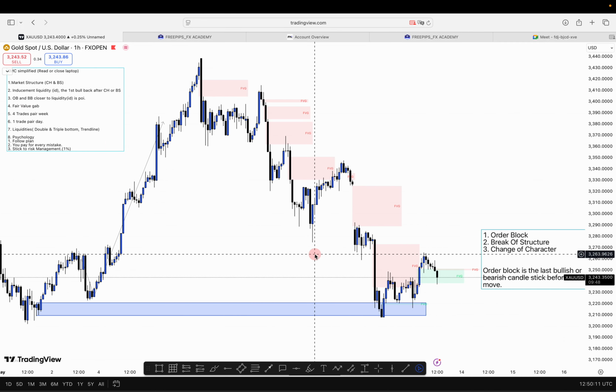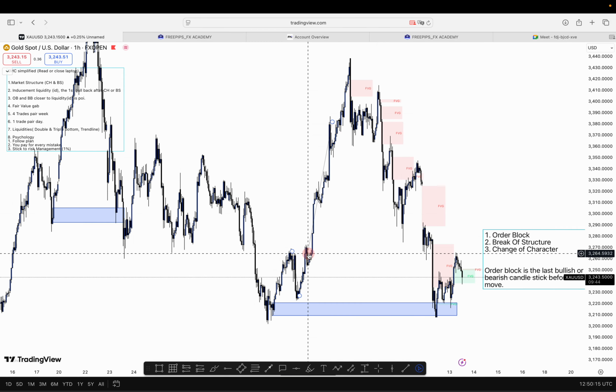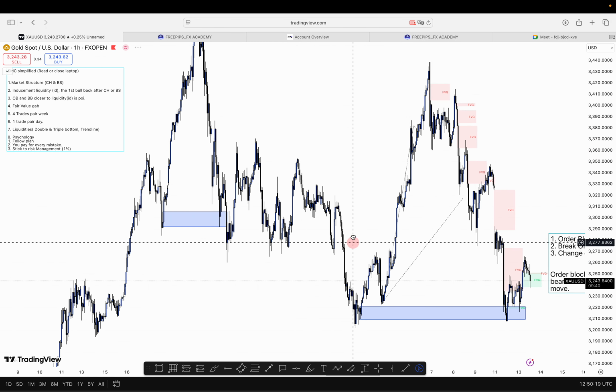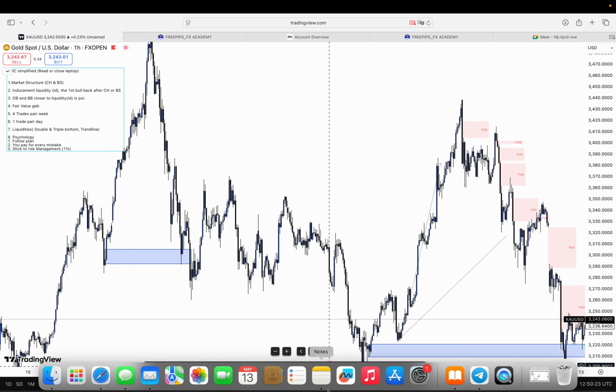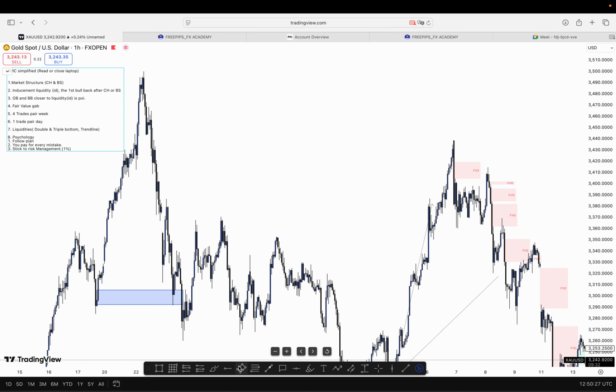And again, which one? The last bullish or bearish candlestick before a strong move. This is also an order block. This one.